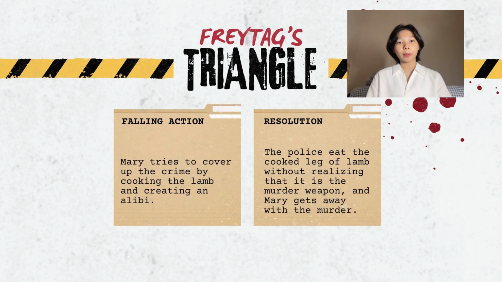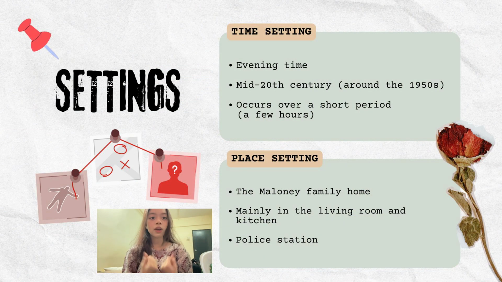knowing she has successfully fooled them. Okay, now I will continue talking about the setting for this short story, the time and the place. This story took place in the evening, and the time setting is around the 1950s.